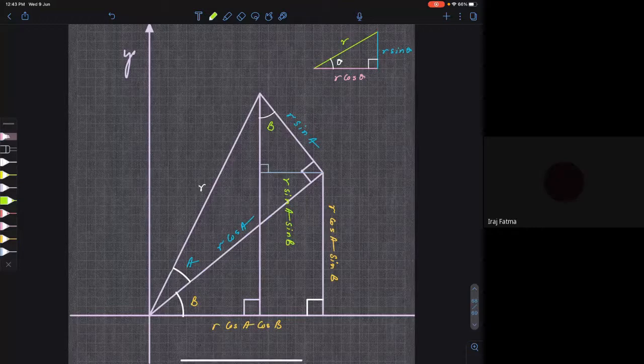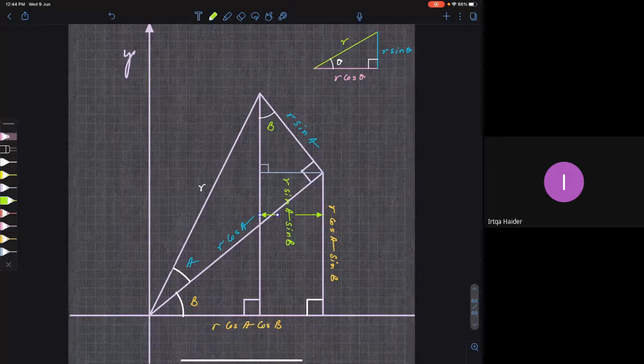This side. Which one? This one. You are getting my point? Can you explain the side once again? Wait, one second.